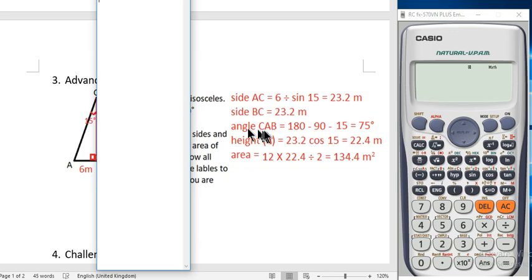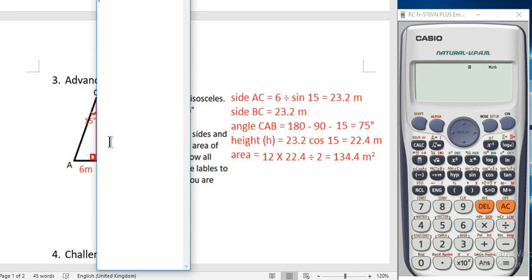Now we want to work out side AC, which is this long side here. Now we can use 6 divided by sine 15. Why do we use 6 divided by sine 15?